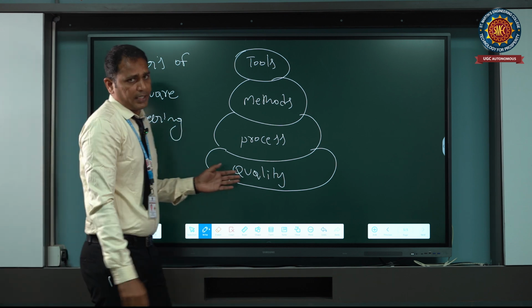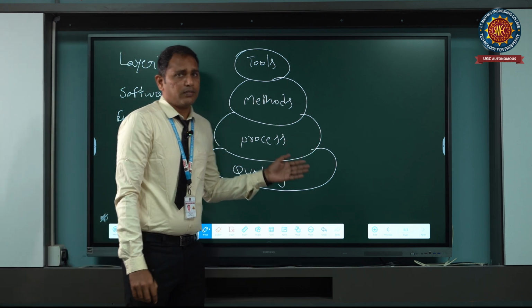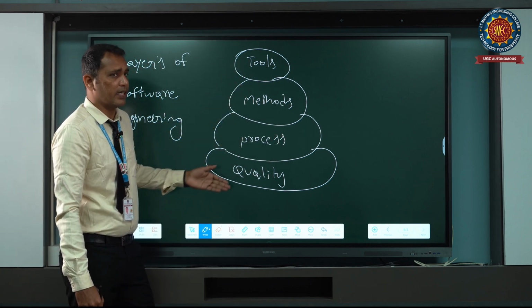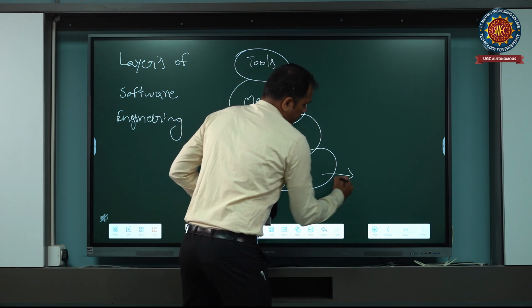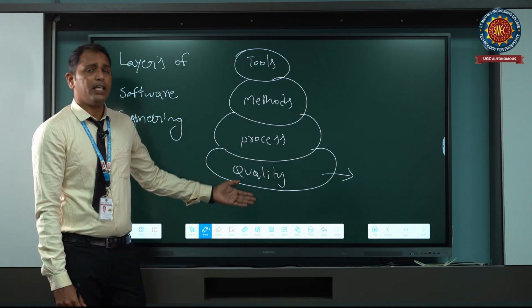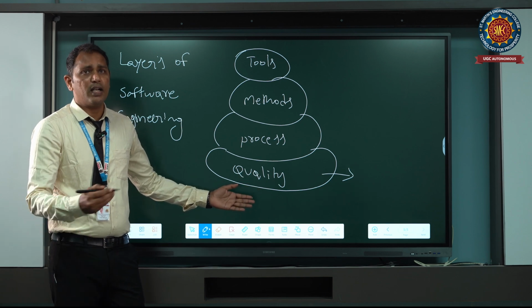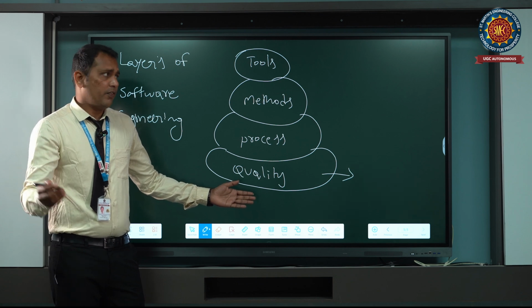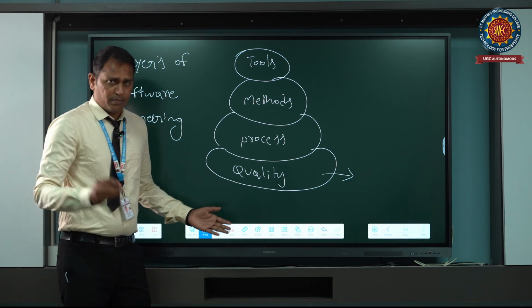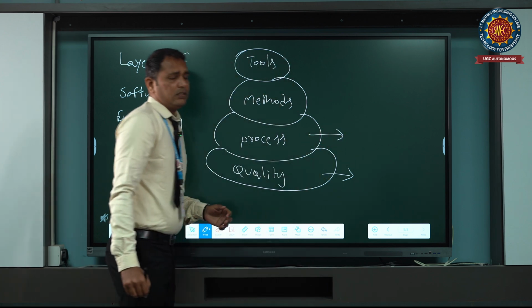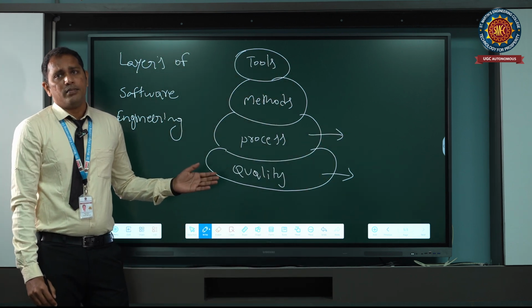There are many layers, but we use these four: tools, methods, process and quality. When making any software, everyone wants quality. It is a lengthy process, and day by day the quality of the software is improved. To develop good software, quality is the main thing. And next one, process.